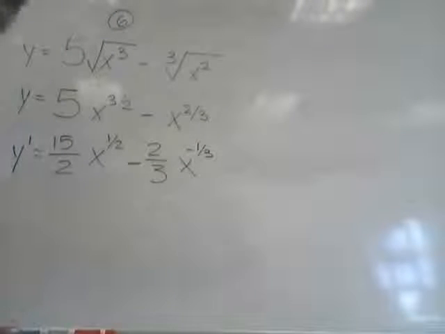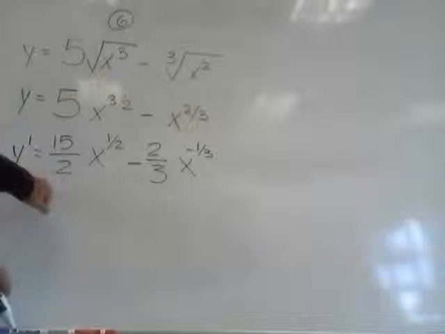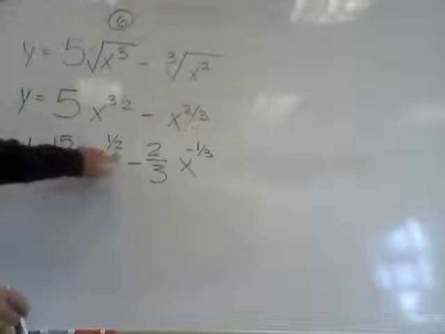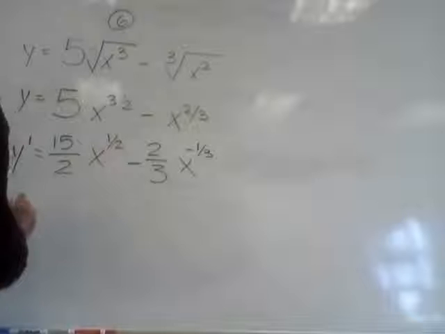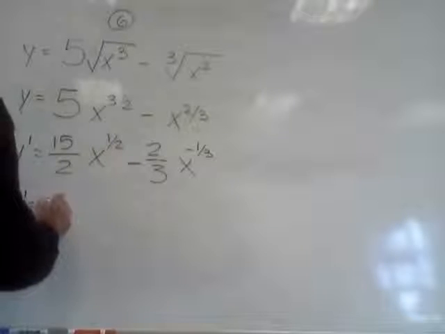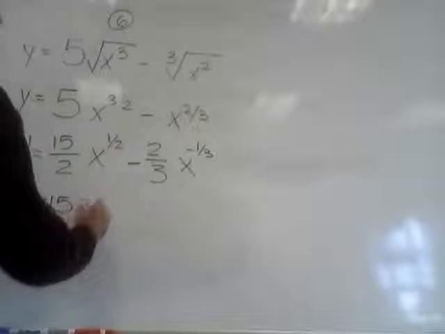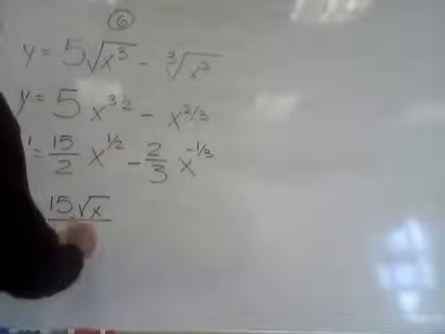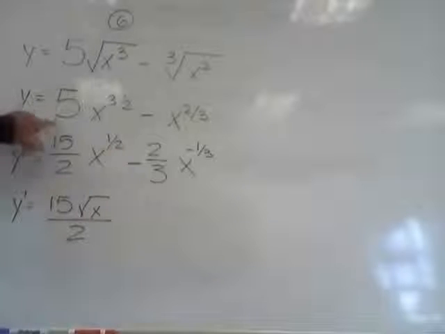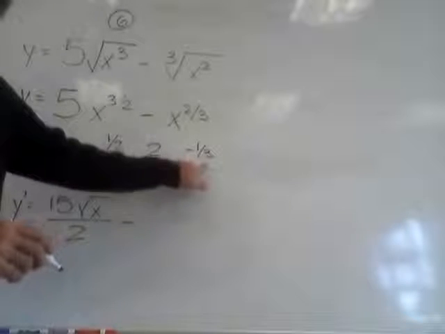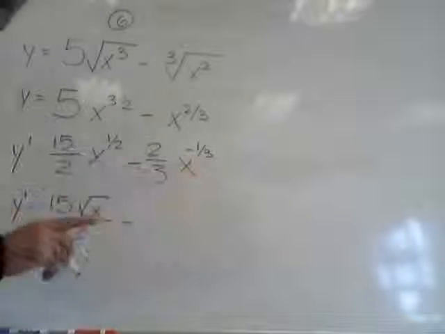So now it's getting interesting. Let's see. The only thing I should do is to turn this into a root. In this case, it will be a square root. So I will have 15 square root of x divided by 2. This is exactly the same thing, okay? Now, minus, this is negative. It never can be negative.